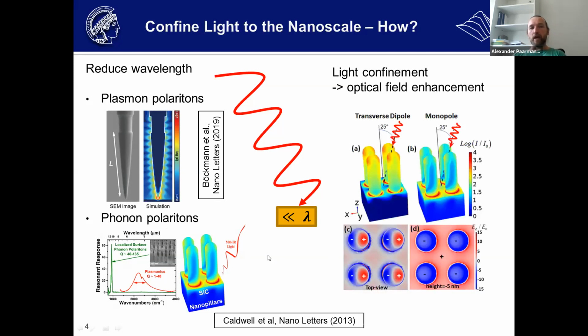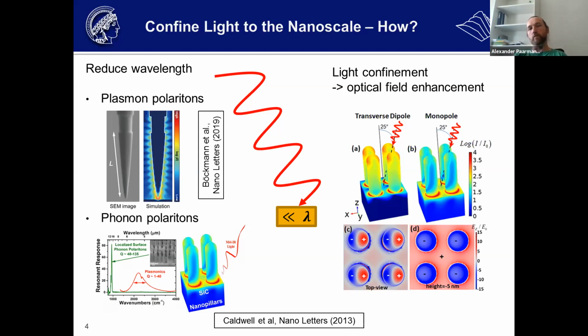Okay, so now we have these excitations. I'll come back to what the properties of these excitations are. But the important point now for the rest of my talk is, if we confine light to small dimensions, simultaneously, we will also increase the amplitude of the optical field strengths, right? You just squeeze the energy into smaller volumes and thereby the amplitudes shoot up.